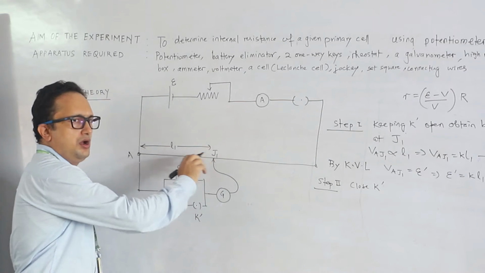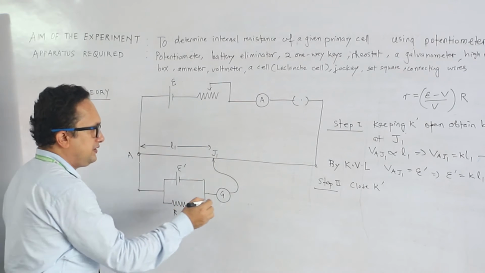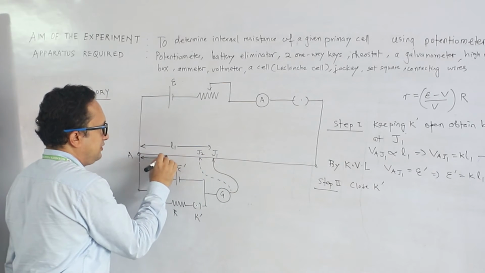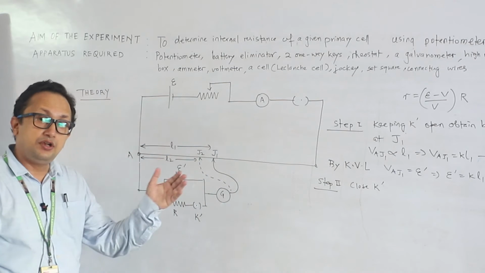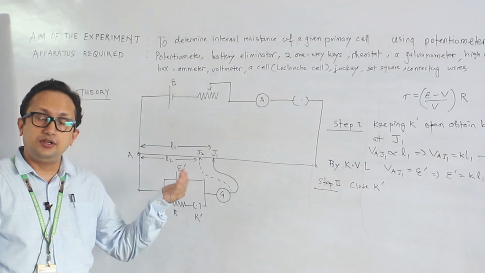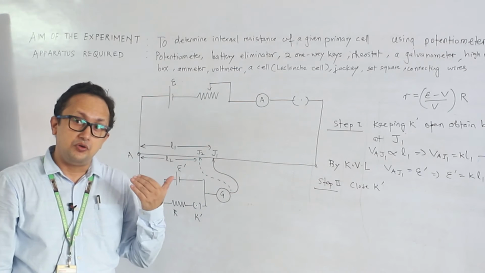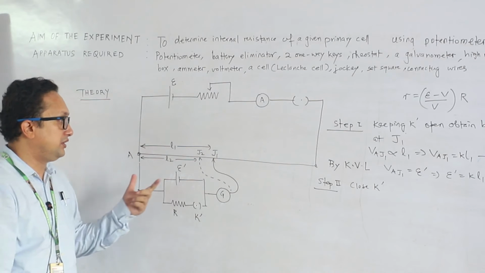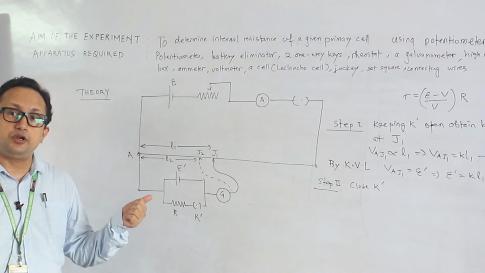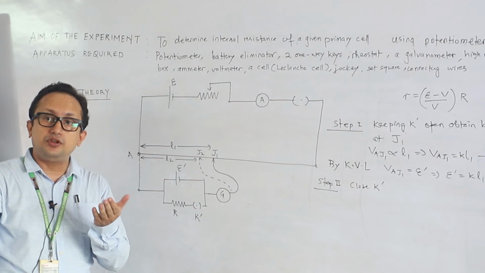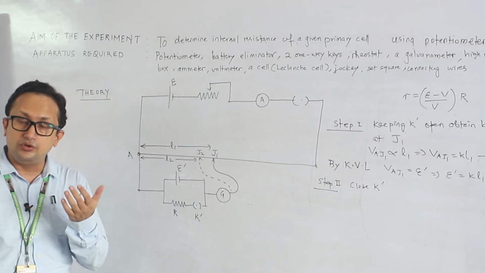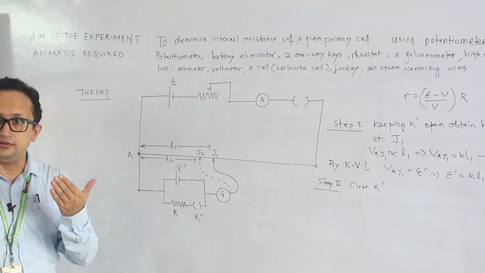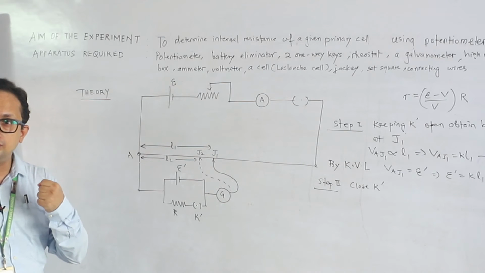You slide the jockey on the wire and suppose you obtain the balance point at J2, at a length L2. Now why should you expect the balancing length to be less? Because now what you are finding is not the EMF, it is the terminal potential difference, and the terminal potential difference is always less than the EMF. So you expect a shorter length at which the galvanometer will show zero deflection.